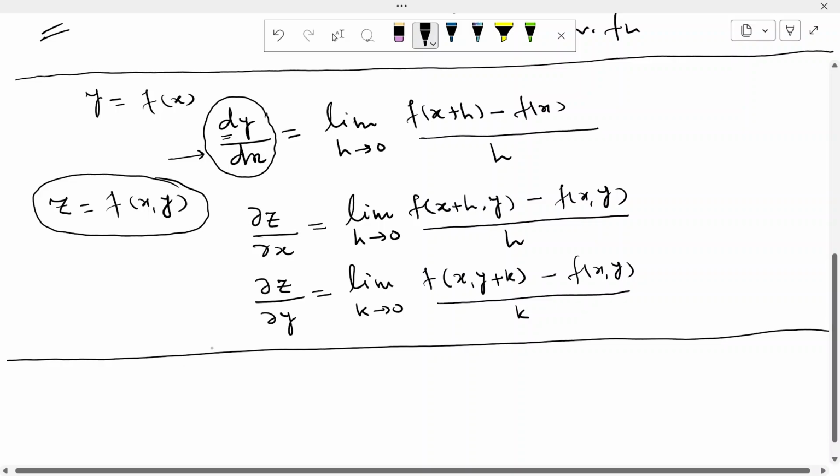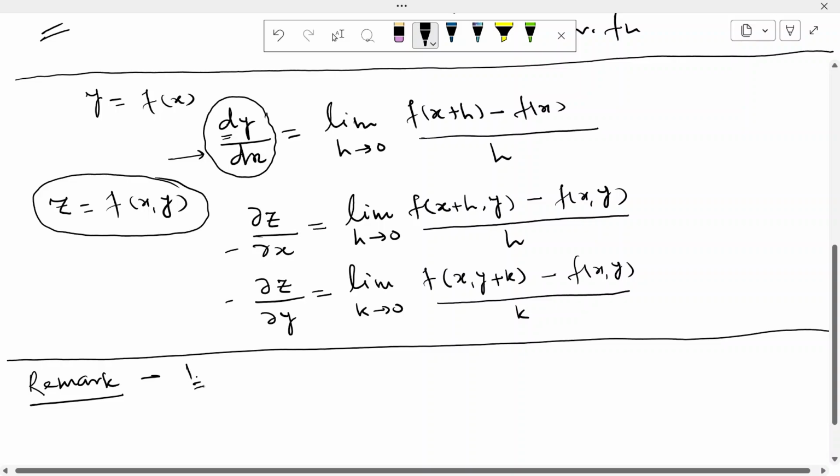Now from here it will be good if we mark certain remarks. If we are performing the partial differentiation with respect to x, we are giving the increment only in x and keeping y constant.